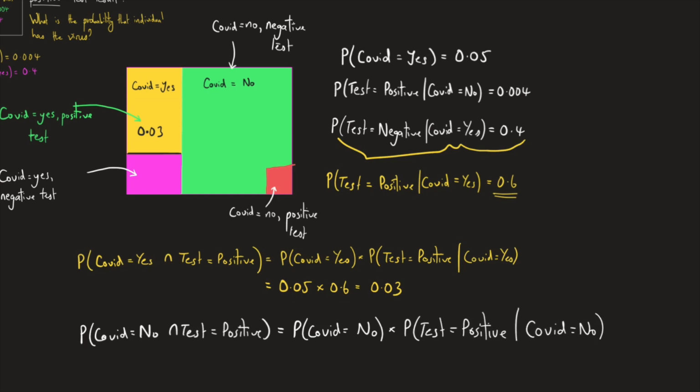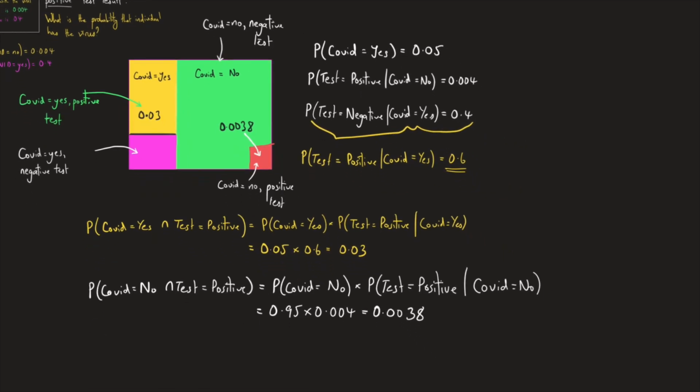And we know these probabilities, and this is just going to be equal to 0.95 times 0.004, which gives us a probability equal to 0.0038. So in other words, this area is equal to 0.38% of the population, or occurs with a probability 0.0038.